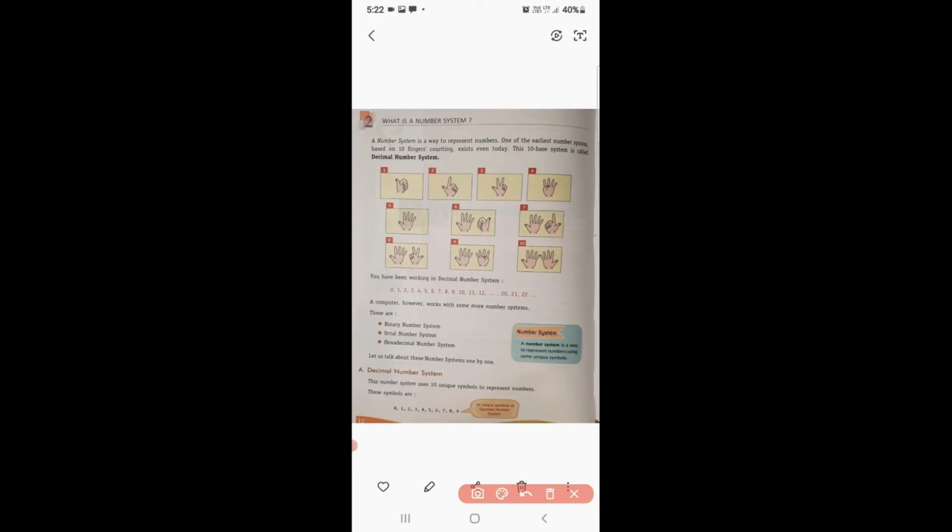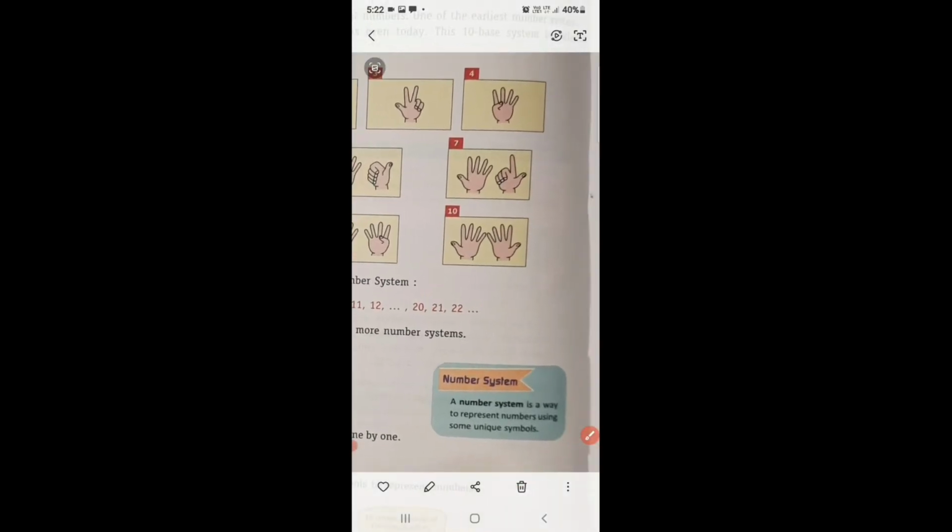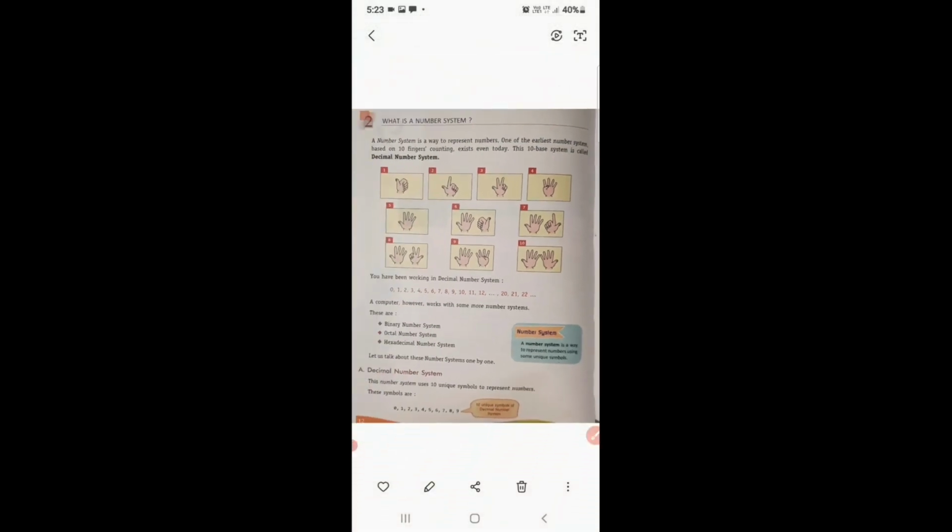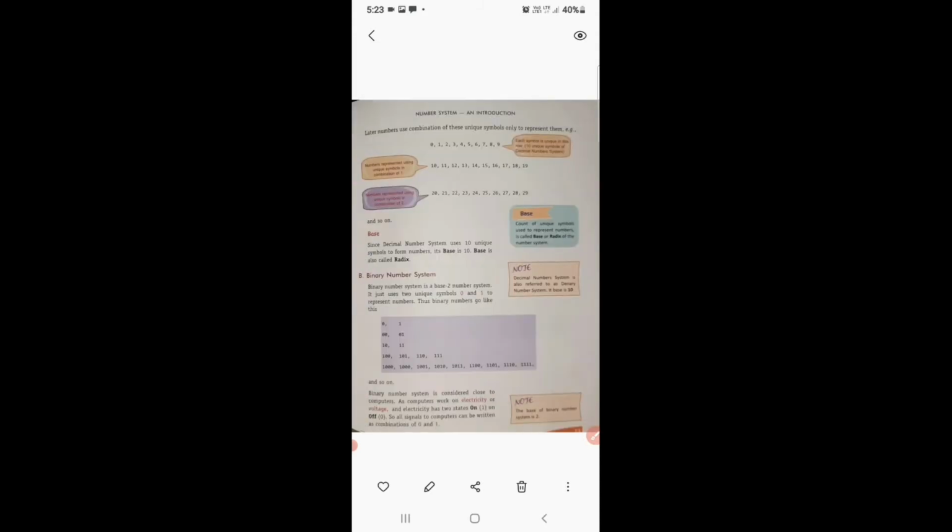It is very nicely defined here that a number system is a way to represent numbers using some unique symbols. So these are all unique symbols, 1, 2, 3, 4, 5, 6, 7, 8, 9. Okay, children. So this is for the decimal number system.